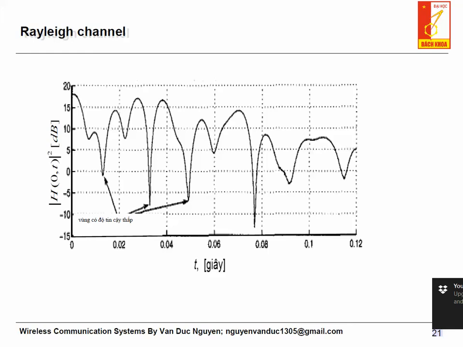You can also simulate the channel, which is very easy to simulate, and you can observe the amplitude of the channel. Here is the runtime amplitude of the channel. In this case, the channel is strongly faded.